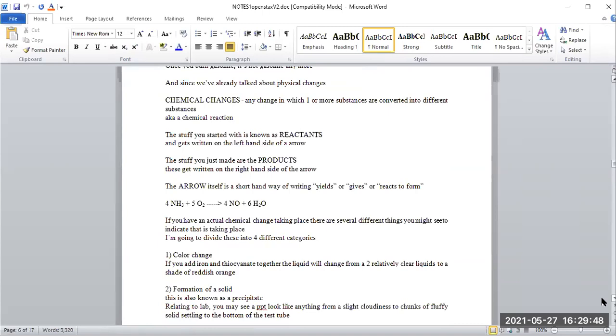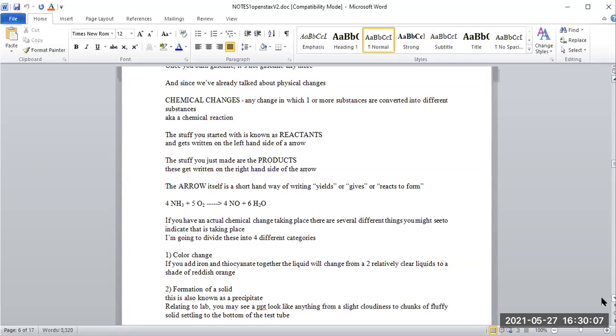You can use a bunch of different words to represent what the arrow designates. You can say yields, you can say gives, makes, reacts to form. All of those things are ways you could state it. I'm not very picky about how it's written out.